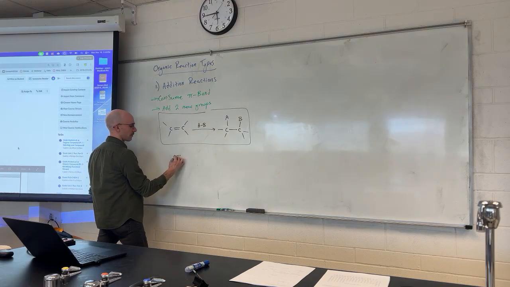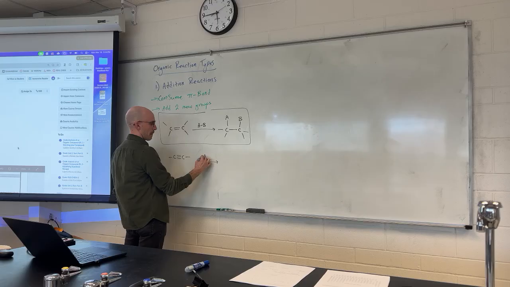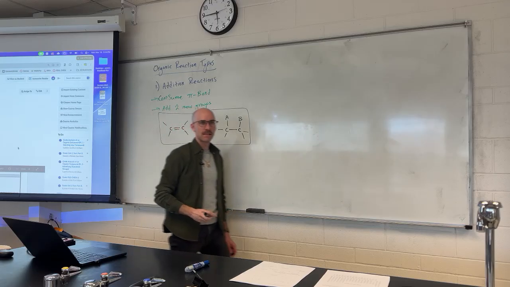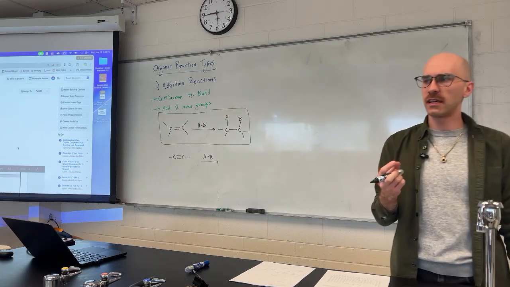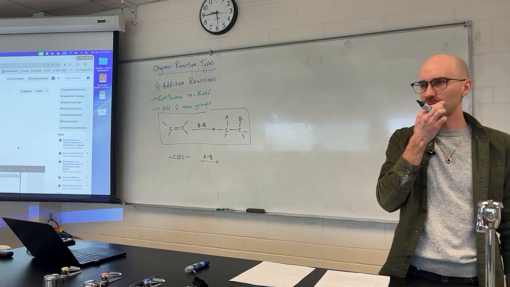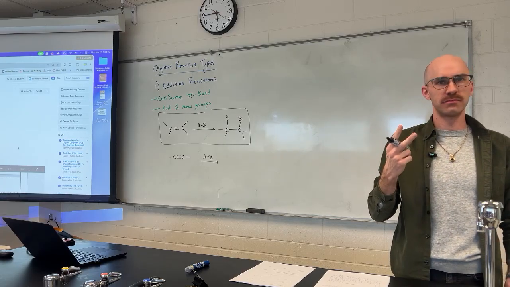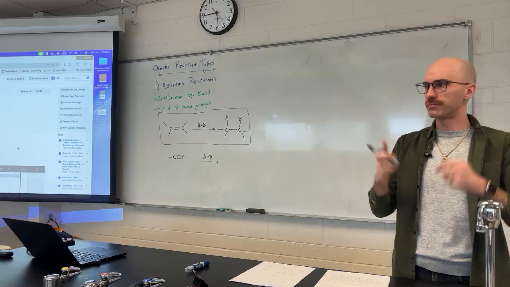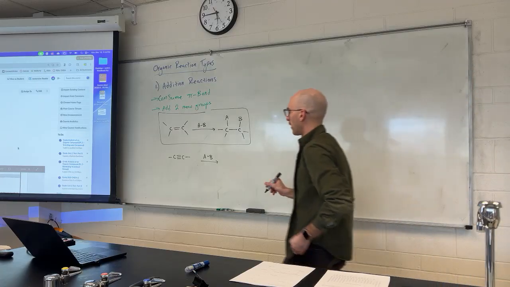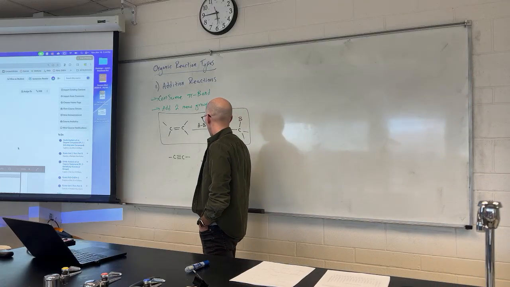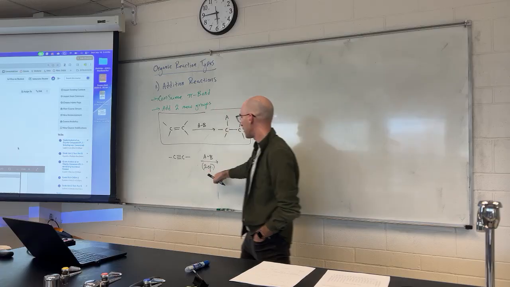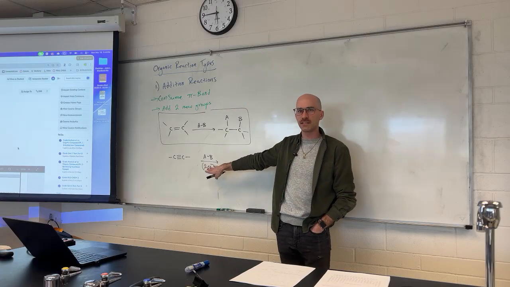We'll also be talking about carbon-carbon triple bonds. How many pi bonds in the alkyne? So how many sets of addition can I do? 2. And we will oftentimes abbreviate if we're doing multiple equivalents.